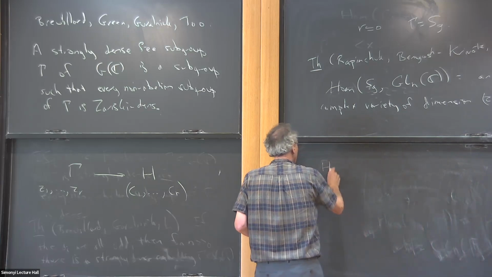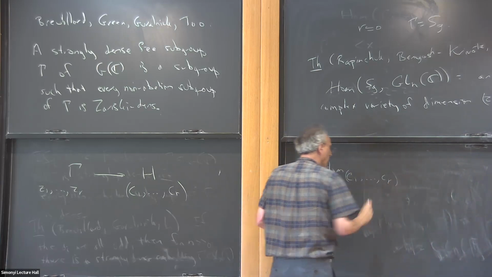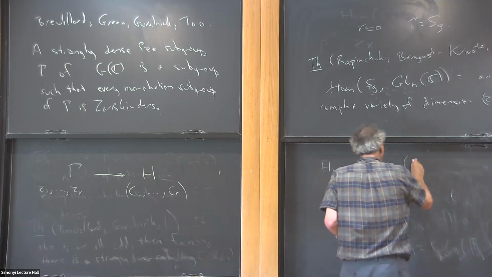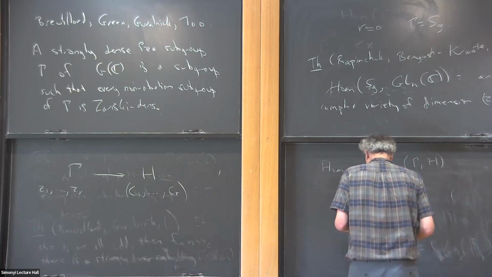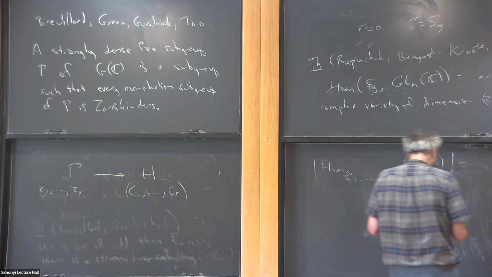You take homomorphisms, sort of restricted homomorphisms, associated with C1 through CR from gamma to H. The number of elements in this set is equal to the following thing.